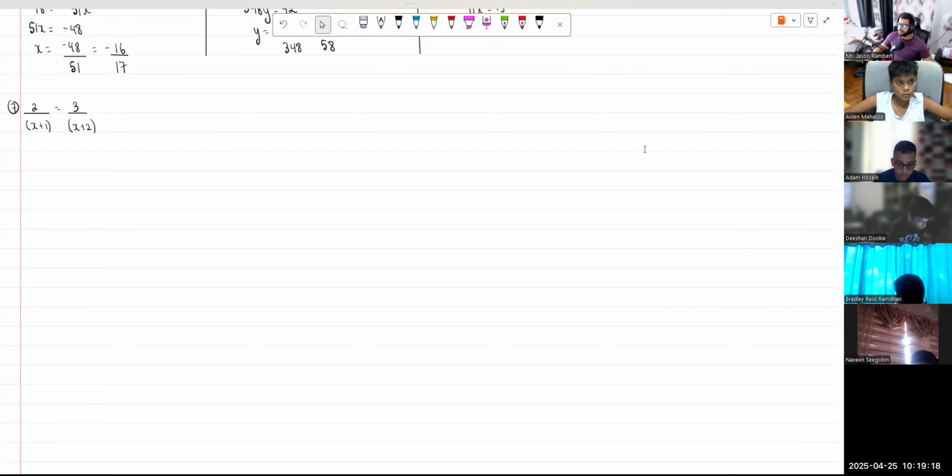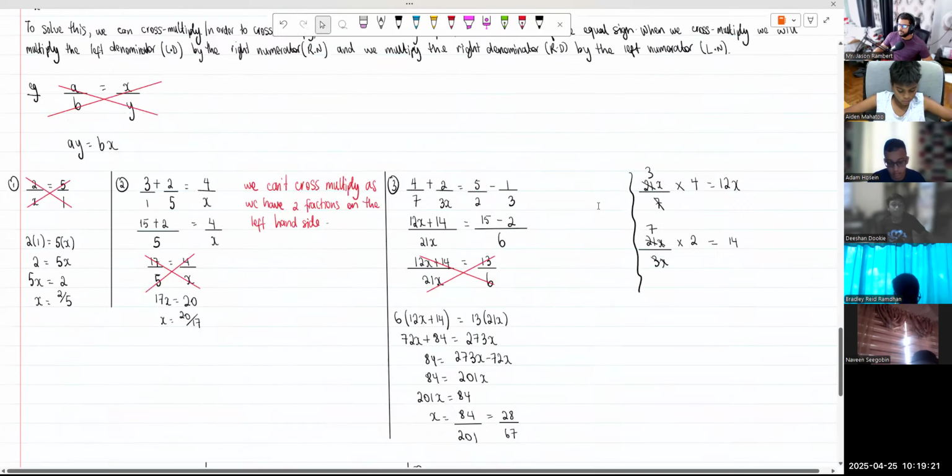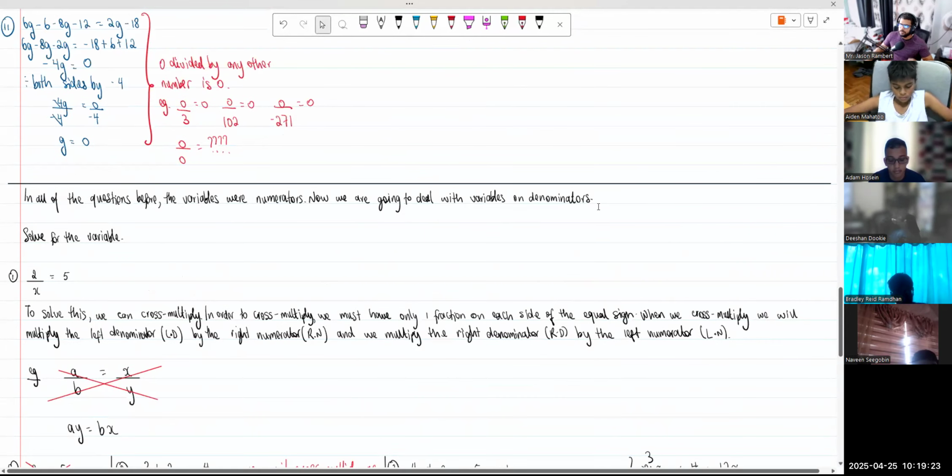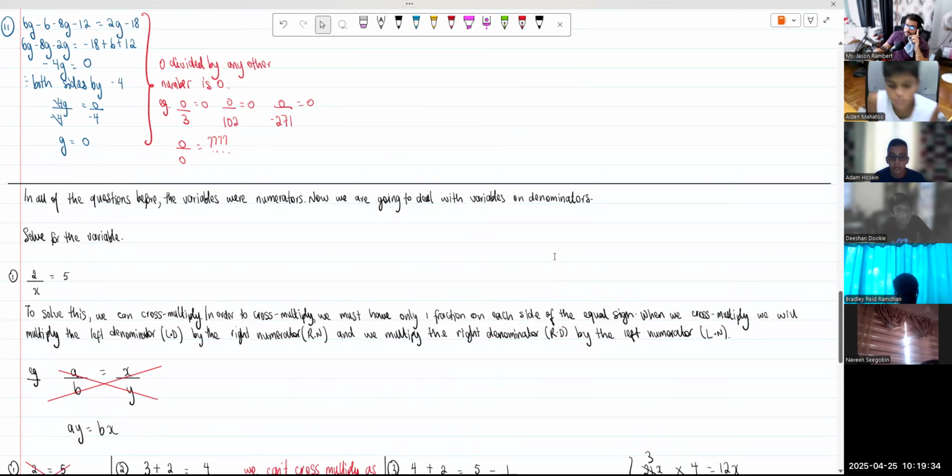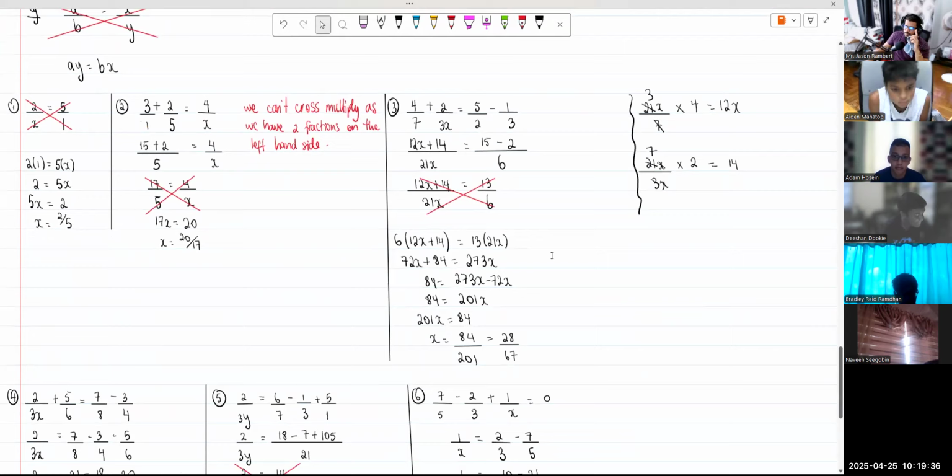So let's pay attention here. In order to cross multiply, look at the notes right here. We must have only one fraction on each side of the equal sign. Only one fraction.